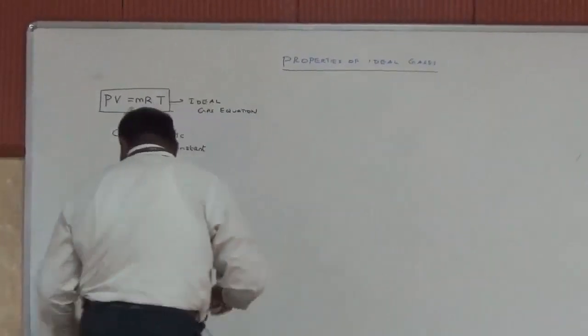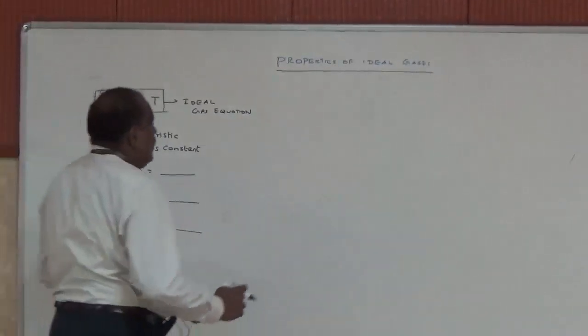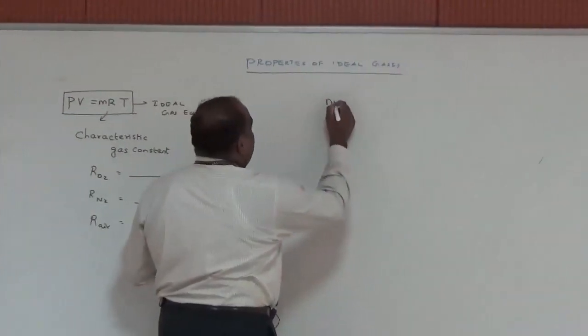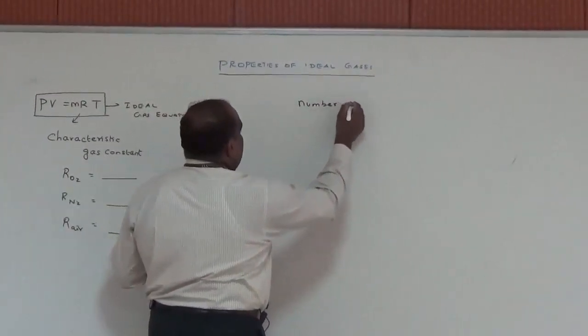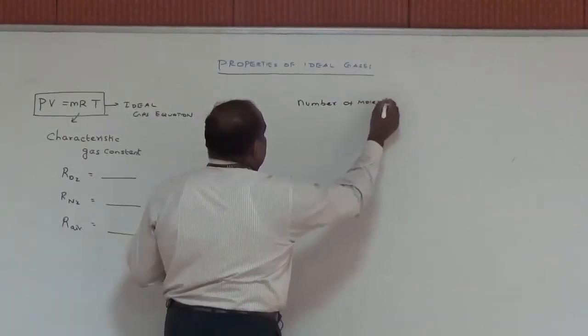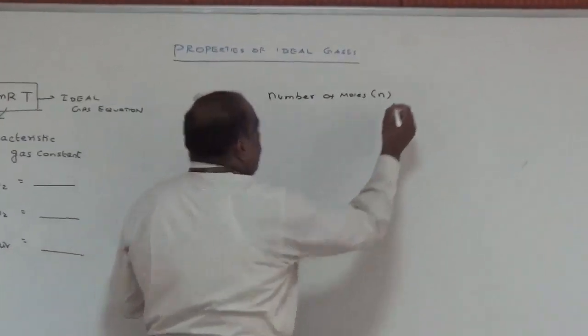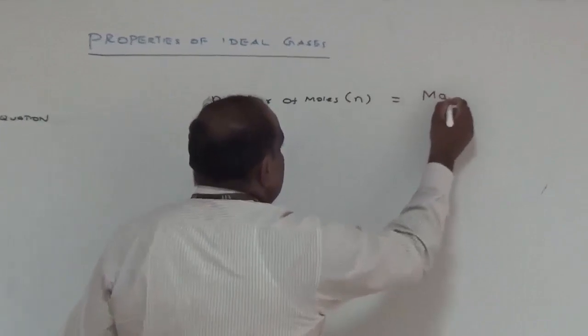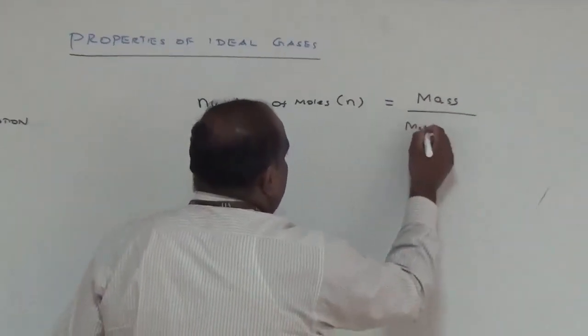We also know that the number of moles, small n, is given by mass divided by molecular weight.